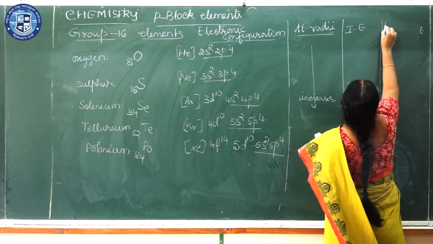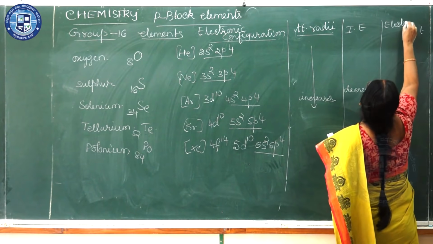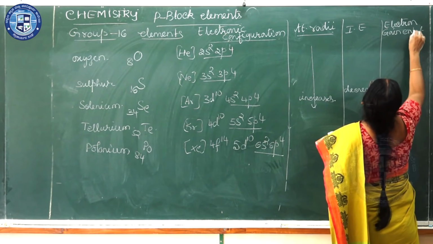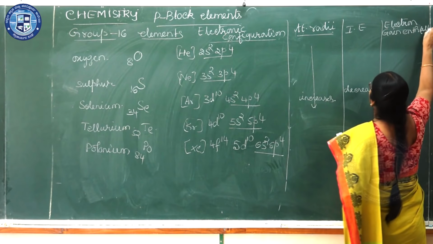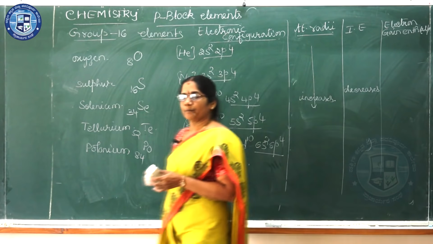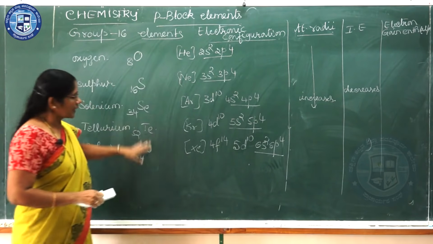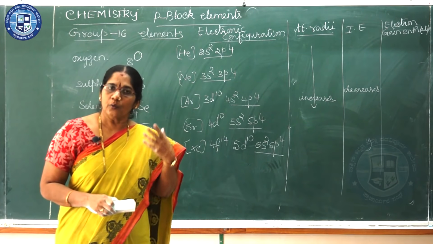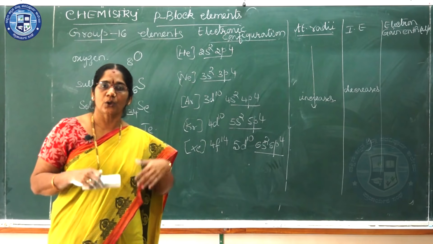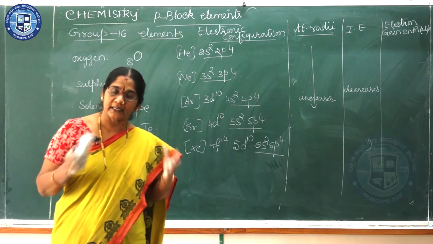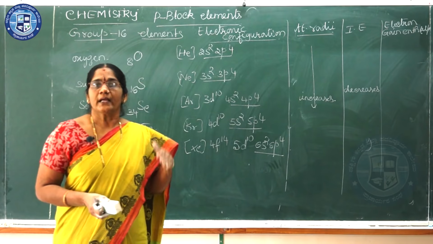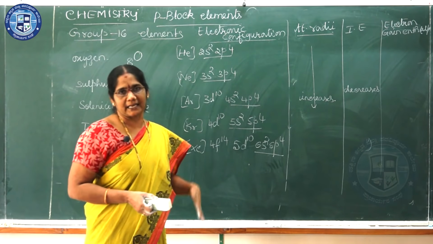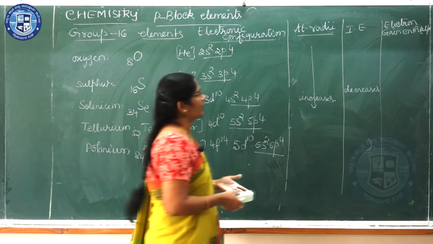Next we will have another property called electron gain enthalpy. When you come down, the capacity of these atoms to gain electrons decreases due to the increase in the size. Therefore, the electron gain enthalpy becomes less negative, so lesser energy is given out.